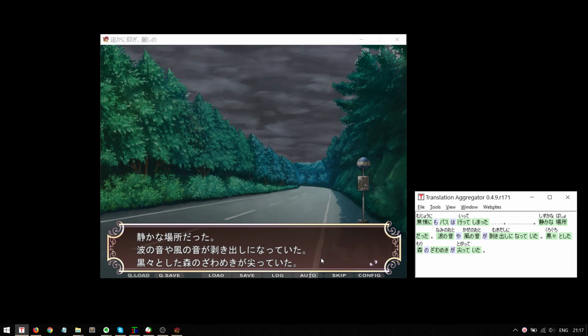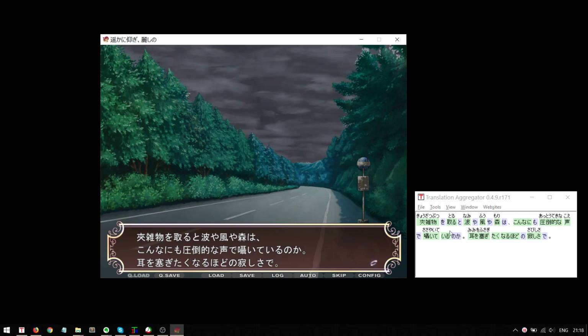But when it's really quiet, you can hear every single brushing of the tree leaves, and suddenly the sounds sound a lot more jagged because you can hear every single one of them. This is what it's referring to. So, kuroguro shita mori, the rustlings of this forest became sharp to my ears.